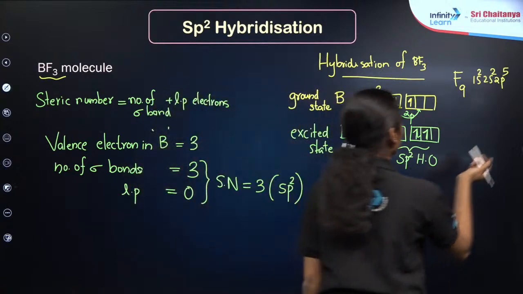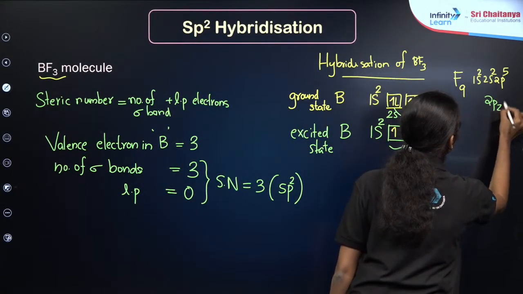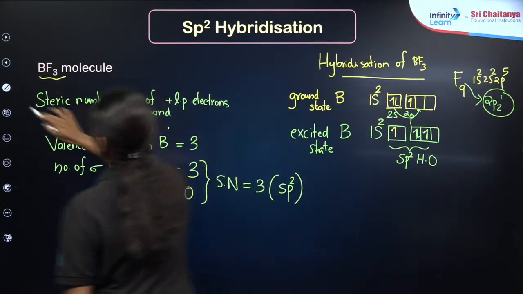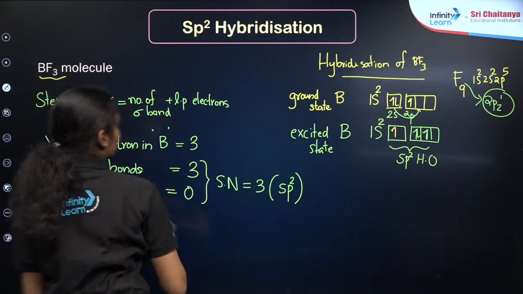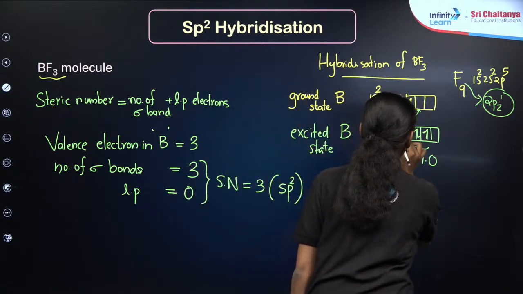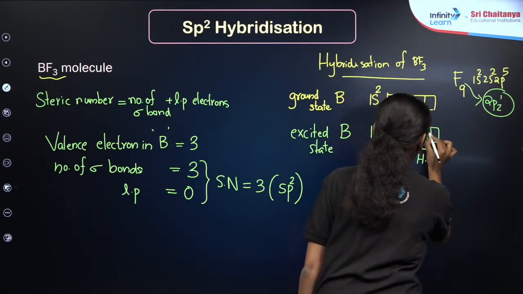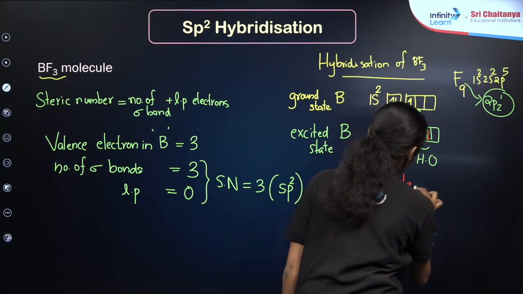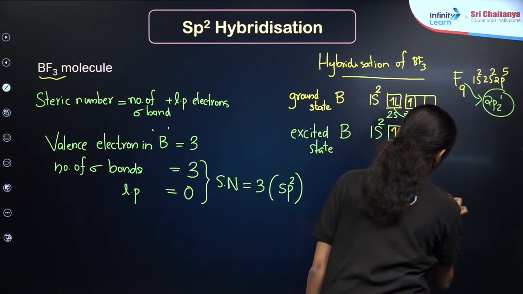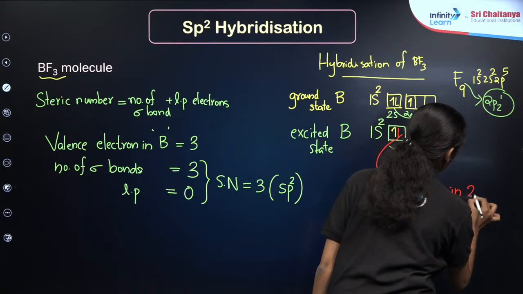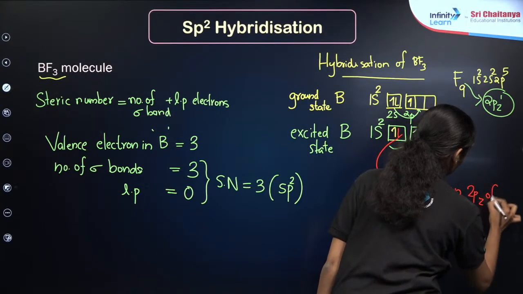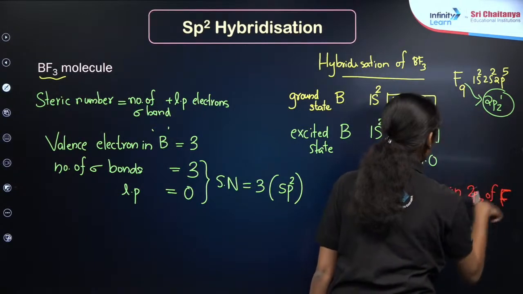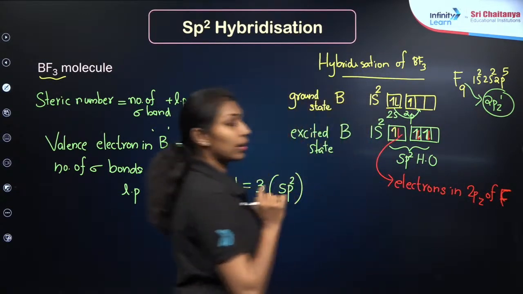Clear? Okay, these red electrons are representing the electrons coming from the fluorine atom. Here it is fluorine, so it is in the 2p set of the fluorine atom. Clear?